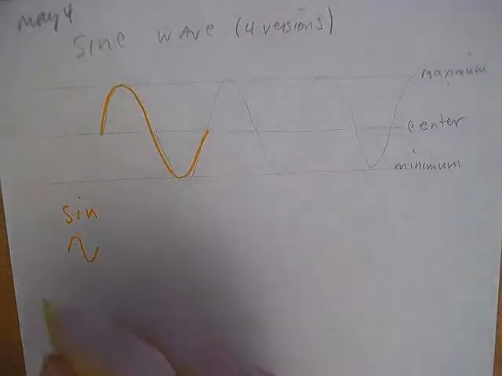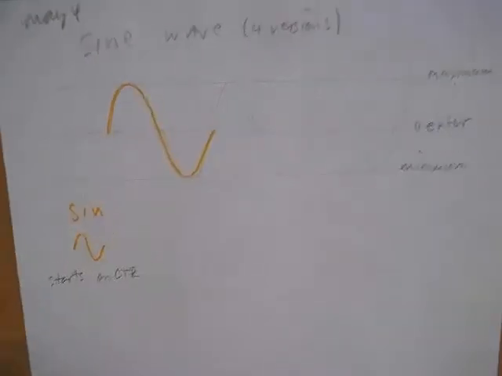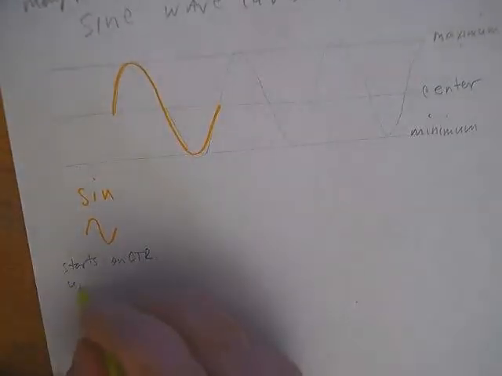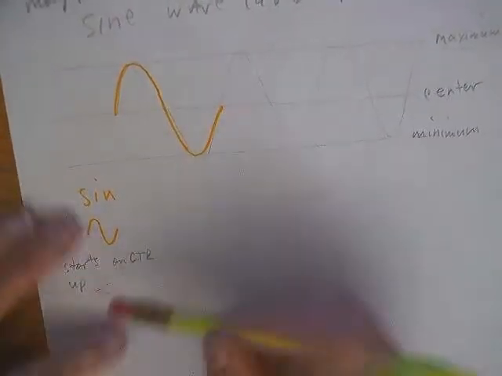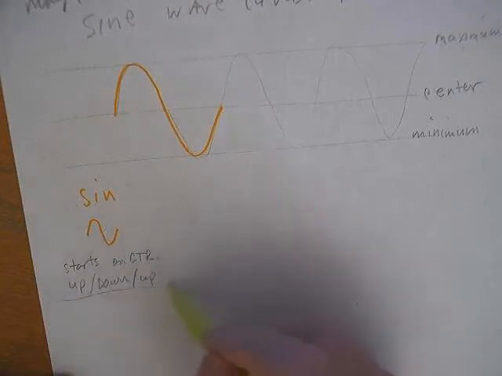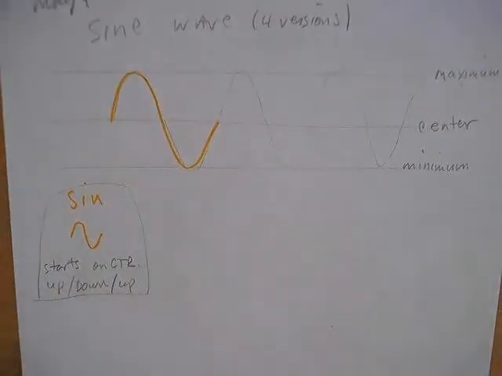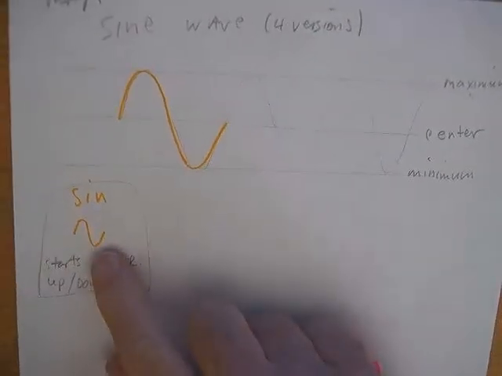It starts on the center line, which I'm going to abbreviate CTR, and then it goes up, down, up. But it always starts on the center line. And there you have the sine.